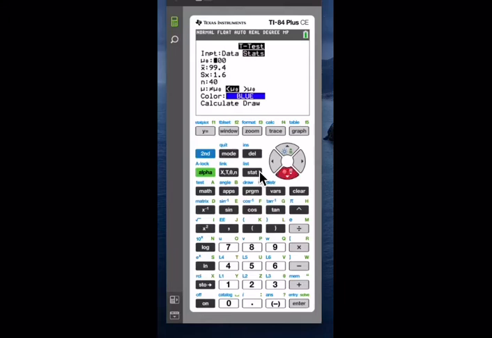I'm going to put that our mu naught is 20.3, our sample mean is 19.2, the sample standard deviation is 2.89, the sample size is 80, and for the alternative hypothesis, the first option, calculate, and we have our answer.